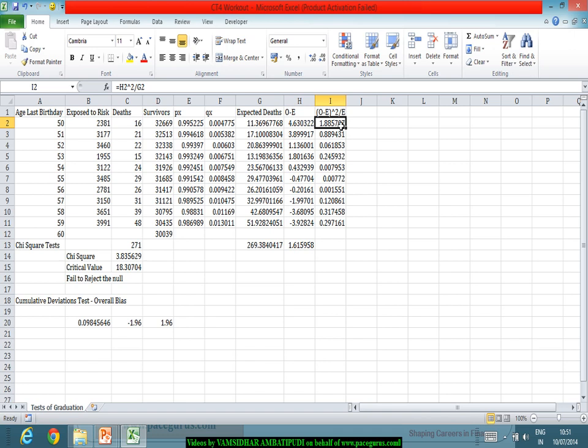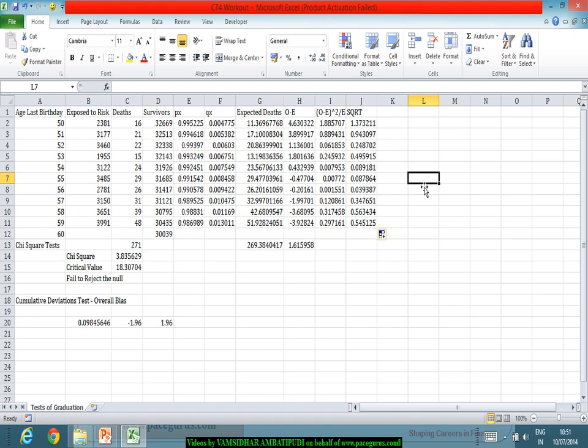Not just observed minus expected. We are looking at observed minus expected, the square root of these numbers. If I look at it, this is nothing but the square root of this. I could see that hardly any single value lies outside that plus or minus range.